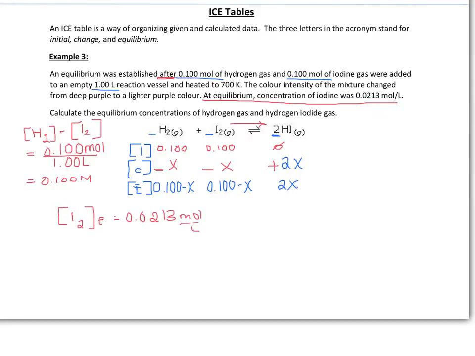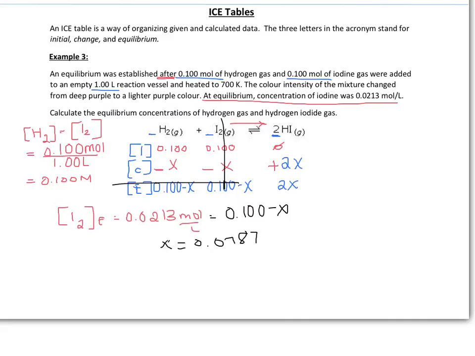And according to our ICE table, the equilibrium concentration of iodine was 0.100 subtract x. This now becomes an algebraic expression where we need to rearrange to solve for x. Once you rearrange, you get x is equal to 0.0787. I strongly encourage that you pause the video at this point, haul out your calculator, and make sure you get the same answer.